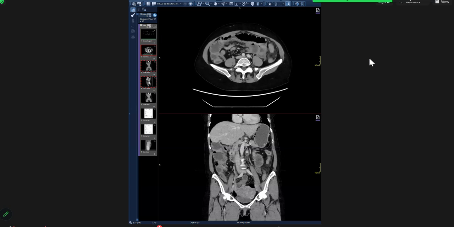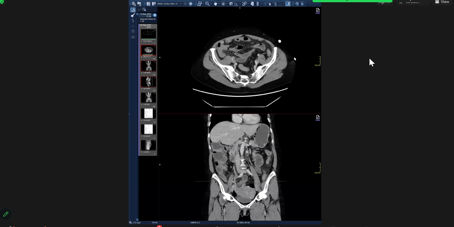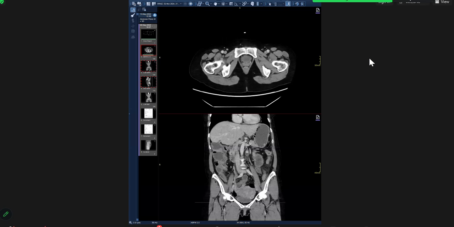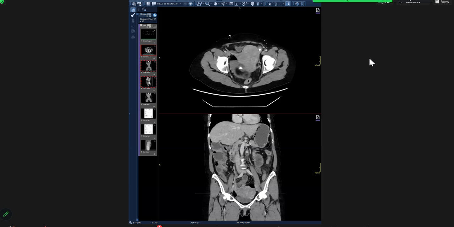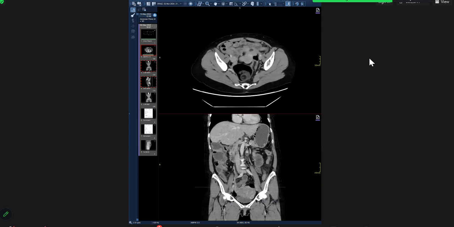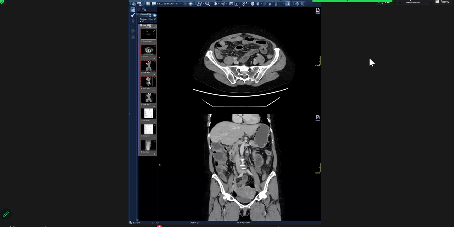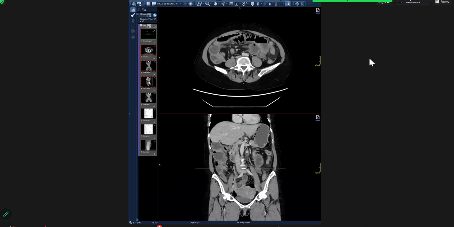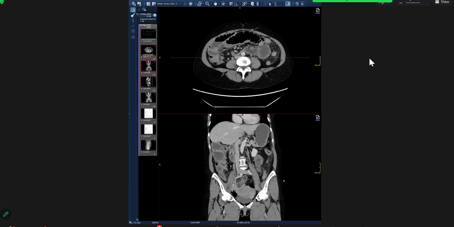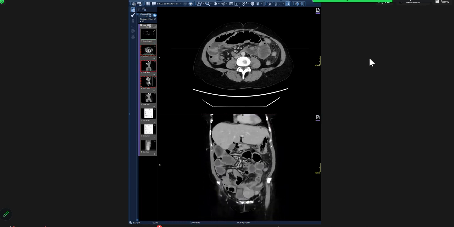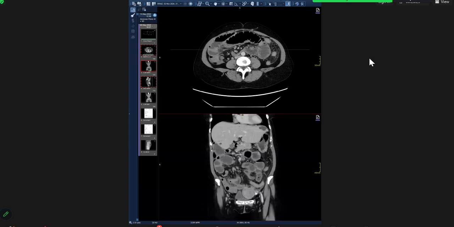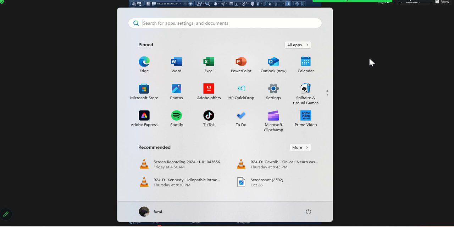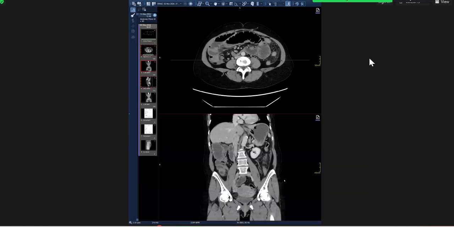So these are axial and coronal CT contrast enhanced images of the abdomen, in which I can see dilatation of the small bowel loops, and I can see pneumatosis in the walls of the bowel loops.